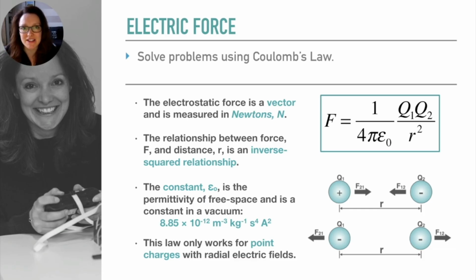If you wanted to write that down, you could say F is proportional to 1 over r squared. The constant, epsilon naught, is the permittivity of free space and is a constant in a vacuum. I'll tell you a little bit more about that in a second, if you'll bear with me. There are a few slides about that.